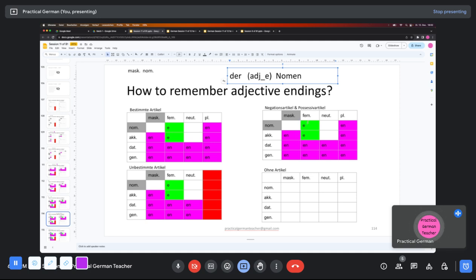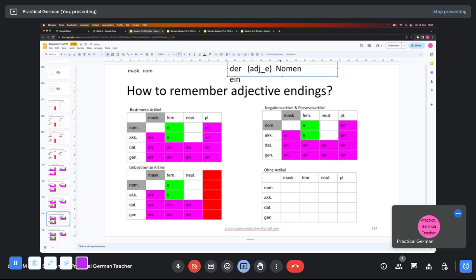And for these two, negation article, possessive article, unbestimmte article: tell me, what is the unbestimmte Artikel, masculine nominative? Ein. If it is ein, then the sound of "er" is not there in the article.